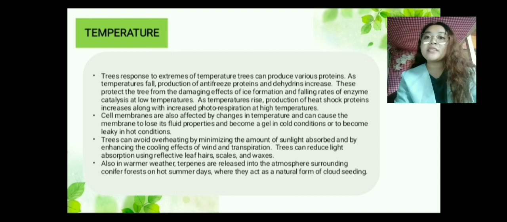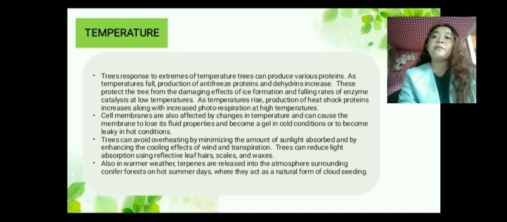Some species can move their leaves throughout the day so that they are always oriented to avoid the sun on hot days. It is knowledge of these mechanisms that has been important for breeding heat tolerance in new cultivars.